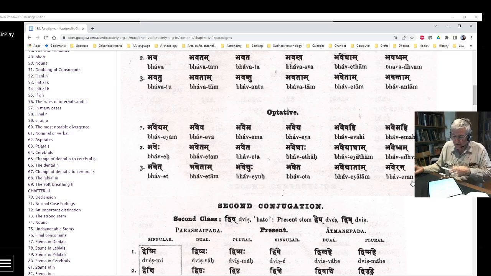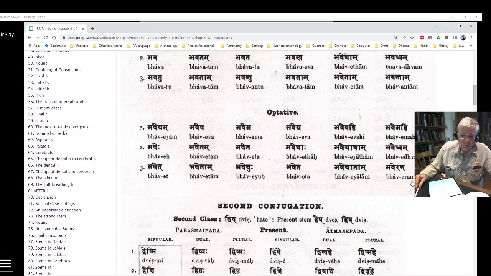And bhaveran is correct. So in Sanskrit, labheran, they might obtain, and in Pali, you'll actually even sometimes see that final n, which is rare in Pali, but you will see it sometimes in the optative. I suspect it's because this form of the atmanepada optative only started coming into use in the later literature when there was a little bit more Sanskrit influence. So you'd find that they want to reflect the Sanskrit, say labheran rather than labheram.